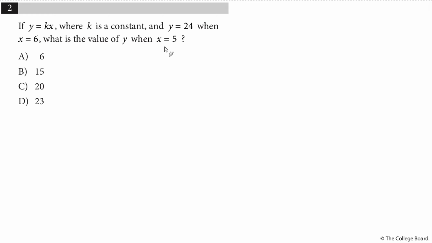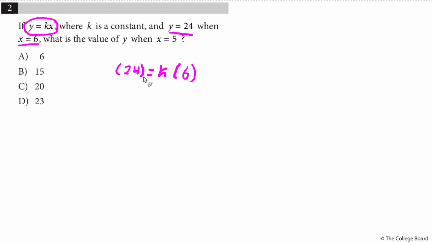So this is a situation called direct variation, and I have a relatively simple way I can do this. I can basically plug in my known information. So my known information is that y is 24 when x is 6, so I can take this equation and put that information in and know that then, okay, y, which is 24, will equal k times whatever x is, 6.